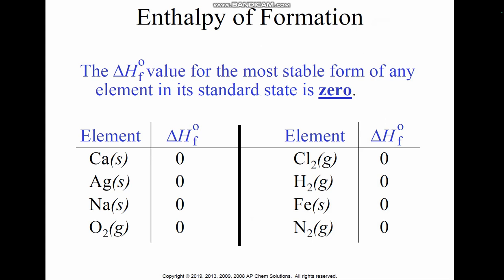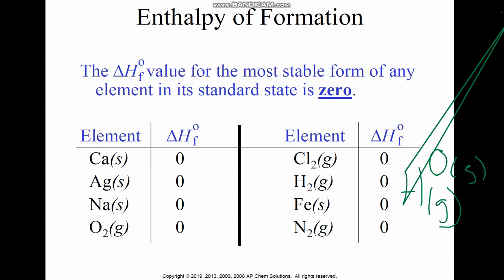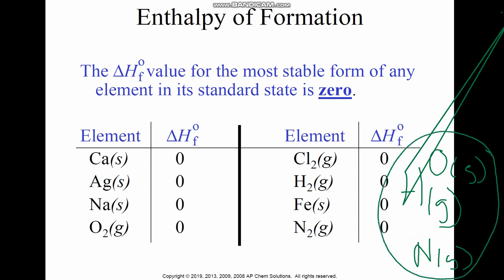Some things can also exist differently. Hydrogen gas can exist without being a diatomic, so we can have gas like this. We could also have oxygen gas like that, and nitrogen gas without being a diatomic, but these are not the most stable in their standard form.